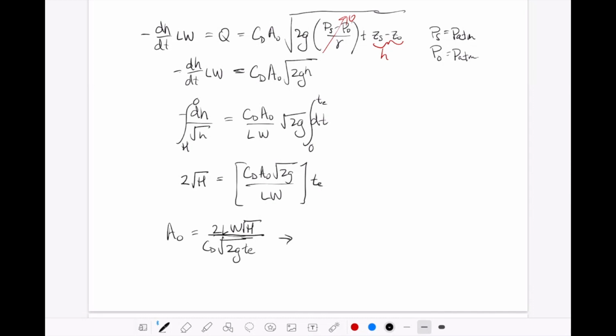And if we substitute the definition of area as pi times D0 squared over 4, we get D0 is equal to the square root of 8 L W root h divided by pi CD times root 2g T empty.